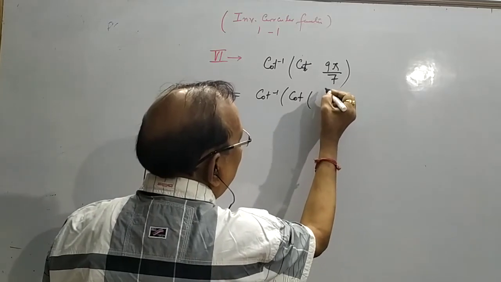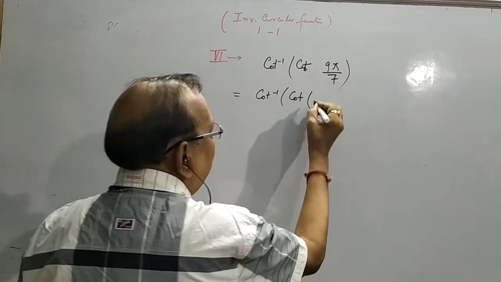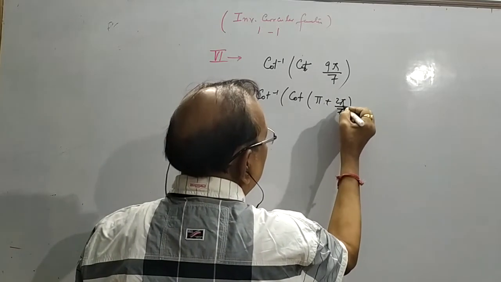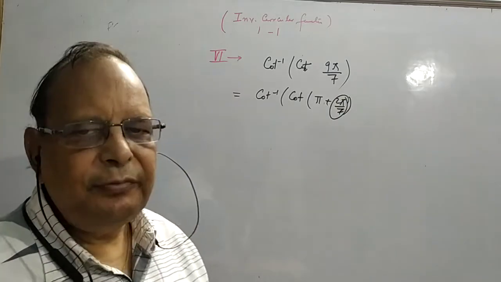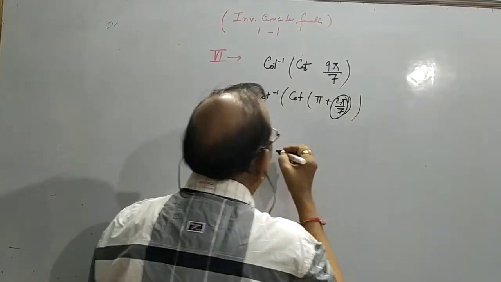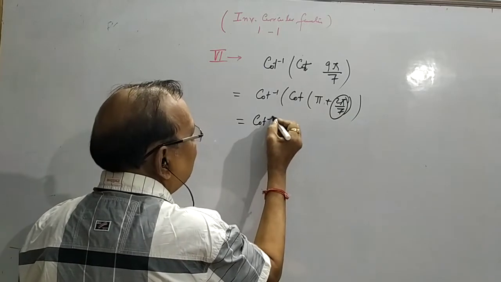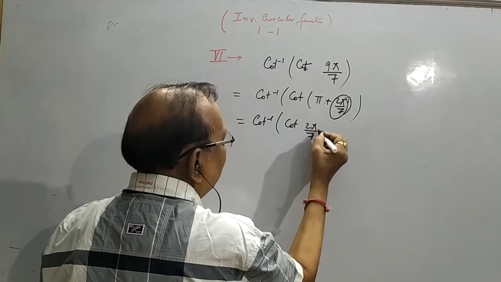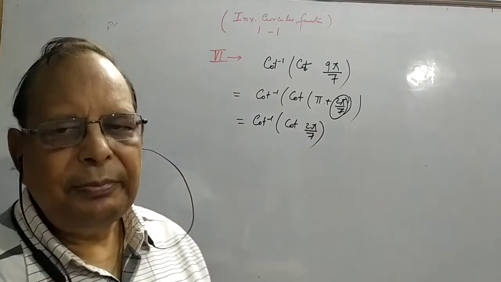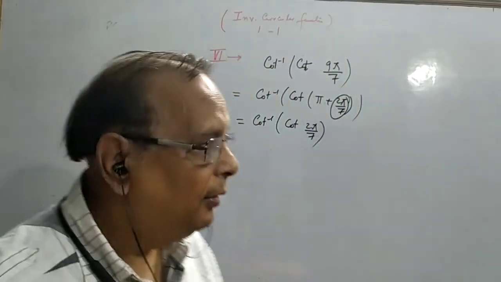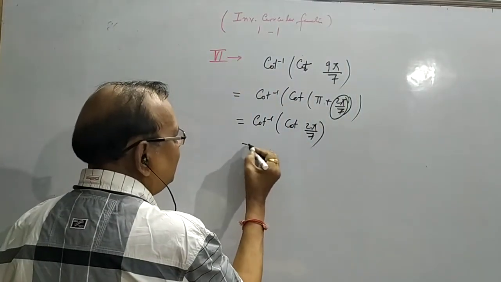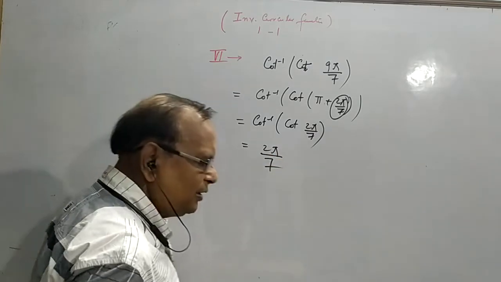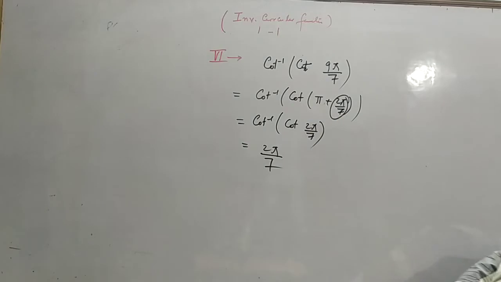Again, we have to write pi plus 2 pi by 7. This angle is lying between 0 and pi by 2. That is cot inverse cot 2 pi by 7, as cot (pi plus theta) is equal to cot theta. Therefore, it is lying between 0 and pi by 2. That is 2 pi by 7.